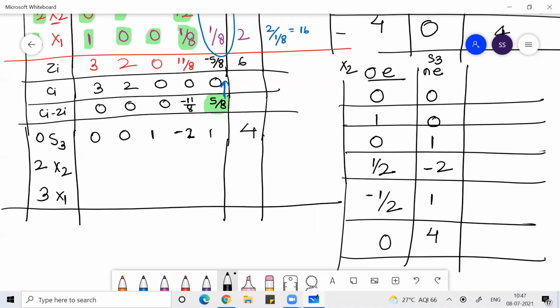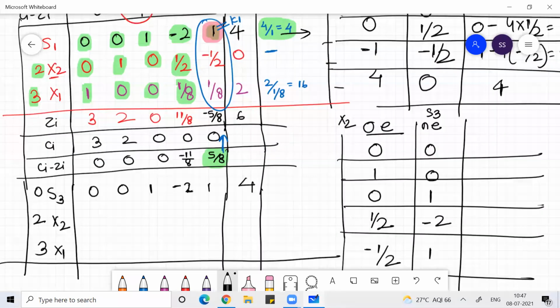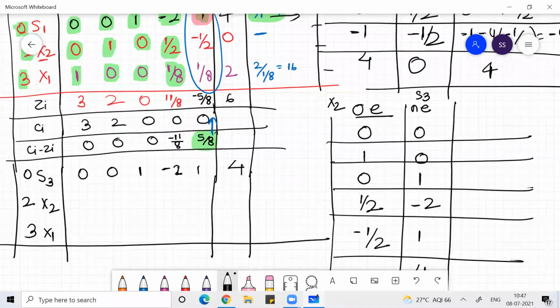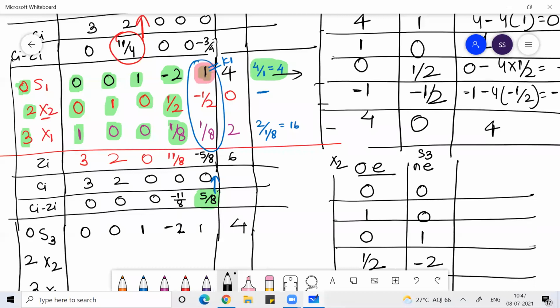Now once you got X2 and S3, see the pivot element of X2. What is the pivot element of X2, sir? Pivot element of X2 is minus 1 by 2. So we use the formula: old element minus, minus 1 by 2 into new element. This would be 0. 1, 0 with anything is 0 only.